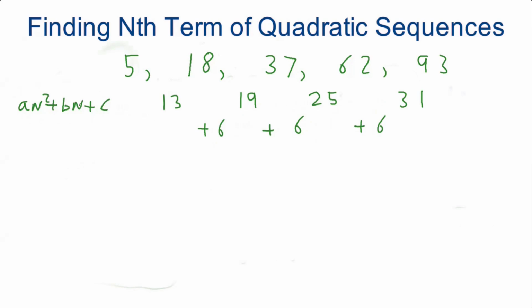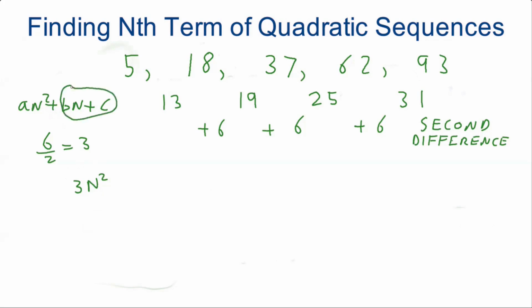Even if some of these things are 0, we'll still be able to get it in this form somehow. We take the 6, divide it by 2 equals 3. So we know it's going to be 3n squared. That's our quadratic part. Now we need to know the linear part, which will be this part here.